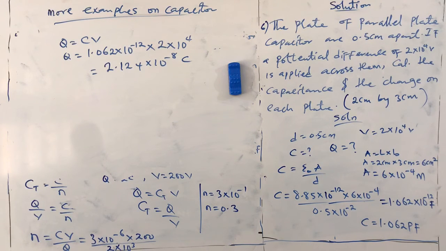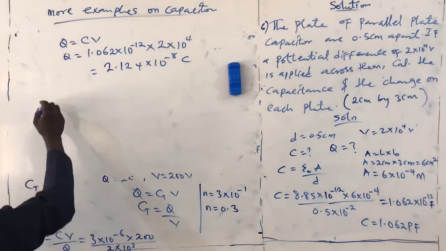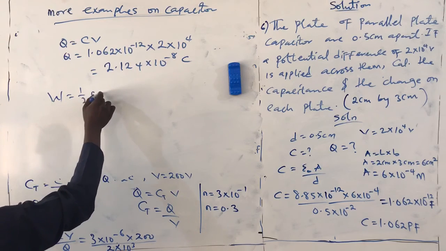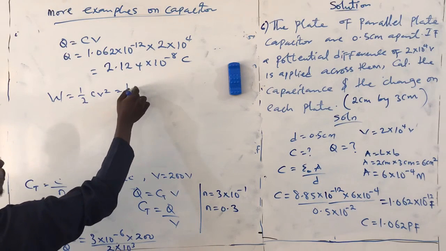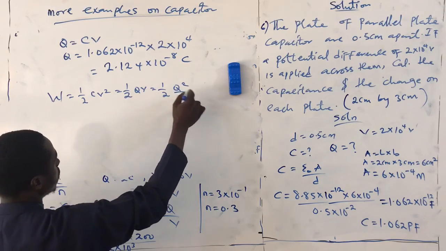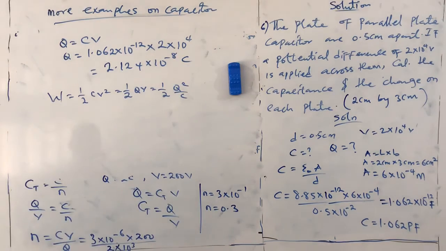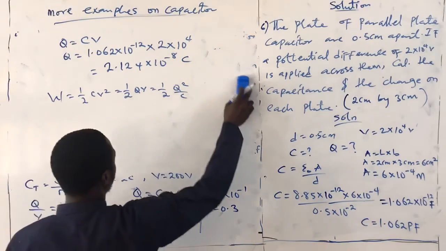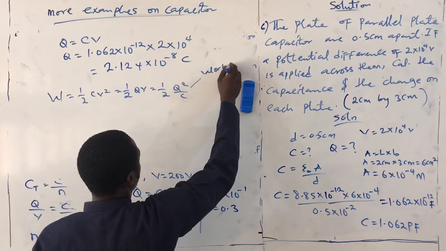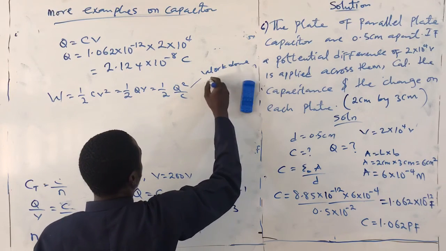Another question that can be asked on this is to find the work done on the capacitor, and also the work done in discharging the capacitor, which is a different thing. I said earlier that the work done on a capacitor is half CV squared, which is half QV, which is also equal to half Q squared over C. We can just take any one and use it.